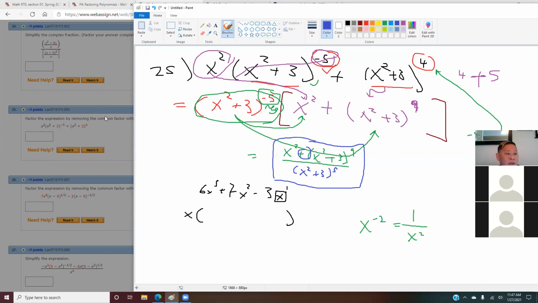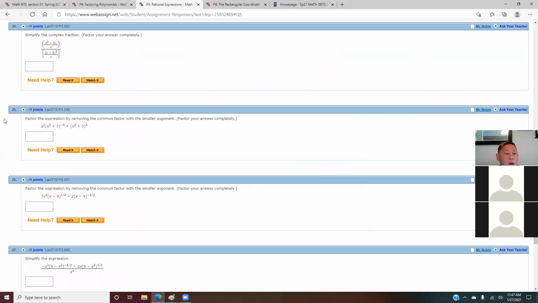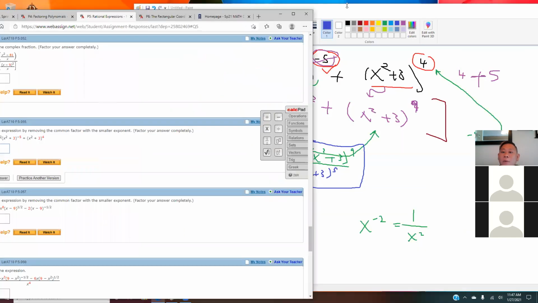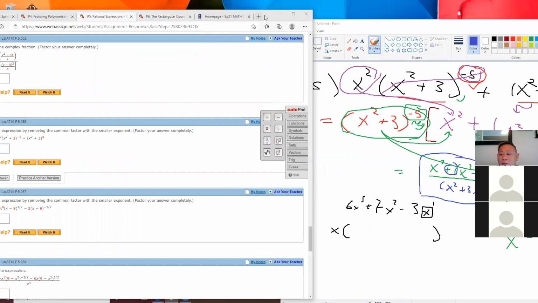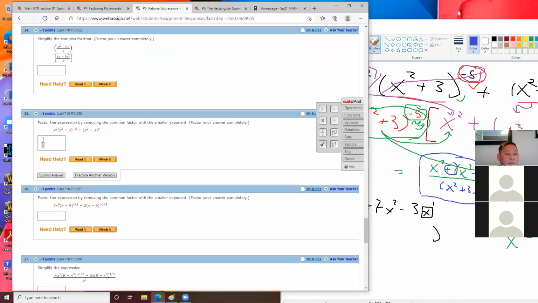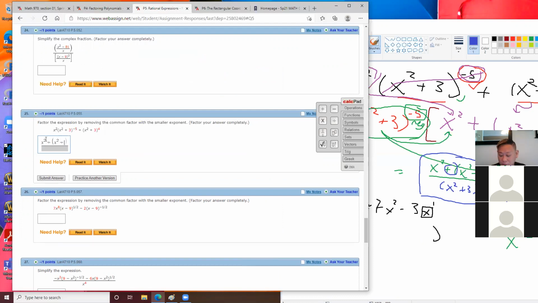So your answer for question number 25 is this whole thing. In order for you to type it in, first you have to put in a fraction. Then you do x squared plus parentheses x squared plus 3, close your parentheses, to the power of 9.